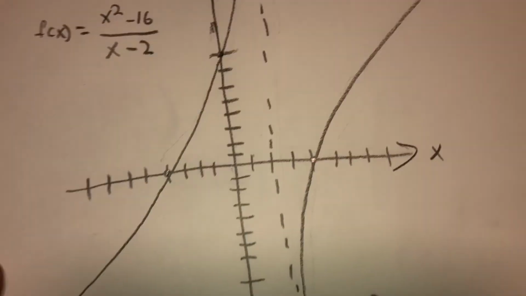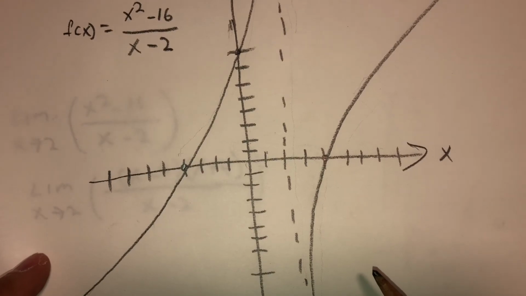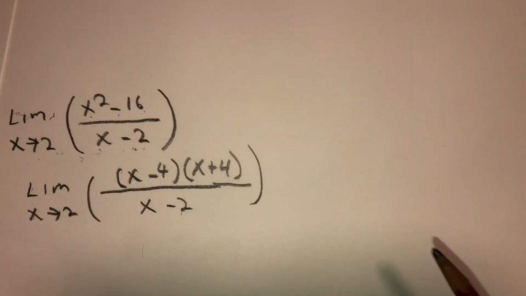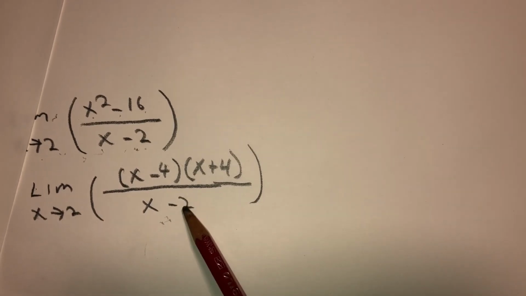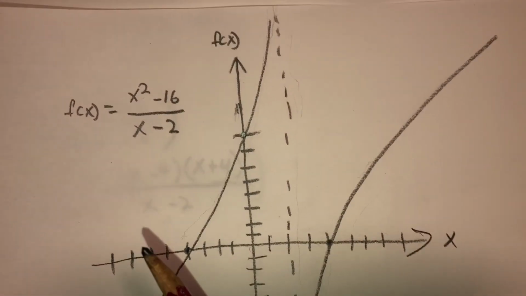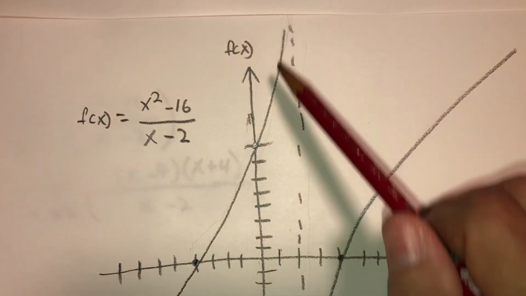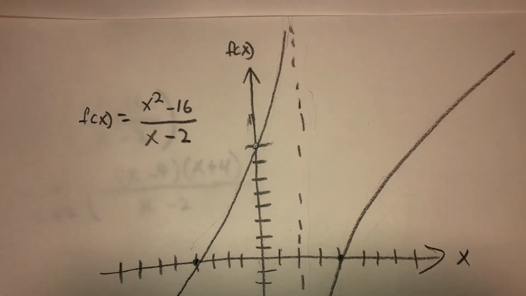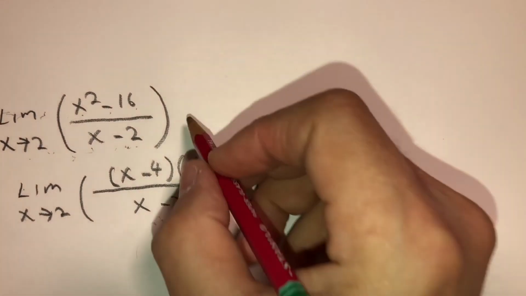So the left-handed limit and the right-handed limit are different. This limit's not going to exist. And so the reason why we're having the trouble here is we can't divide out our division by 0. In cases like that, you've got an asymptote you're going towards, and if you're not going to the same place from the left-hand side and the right-hand side, the limit's not going to exist. And in this case, this limit does not exist.